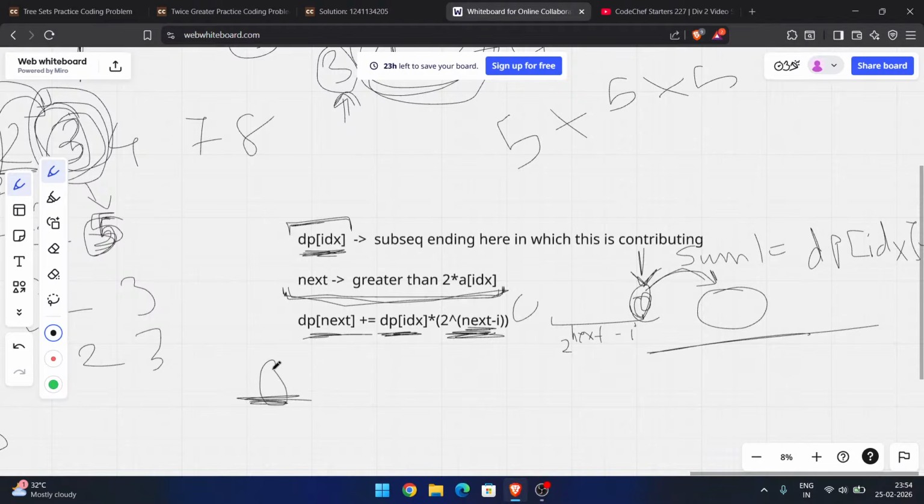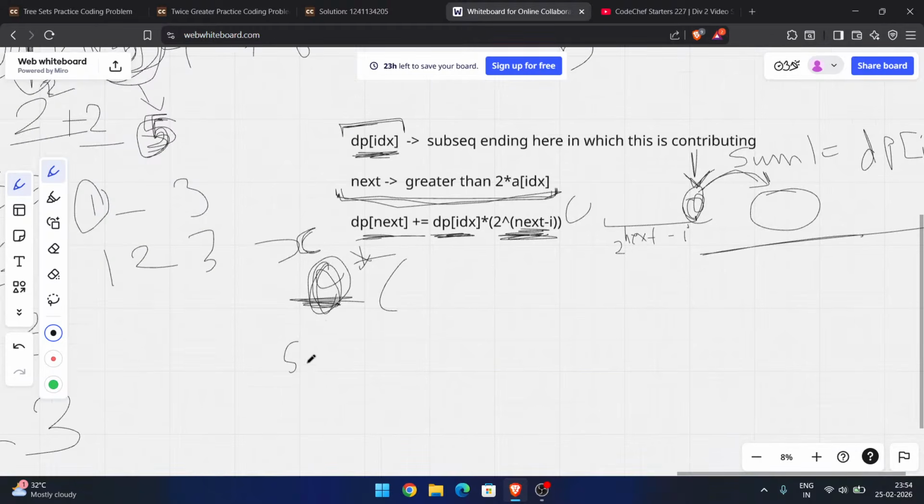Let's say the answer till the starting point of this subsequence was x. I'm multiplying that by every possible subsequence, because that would be the answer till here. So what is sum 1? Sum 1 is if it's contributing towards the answer.